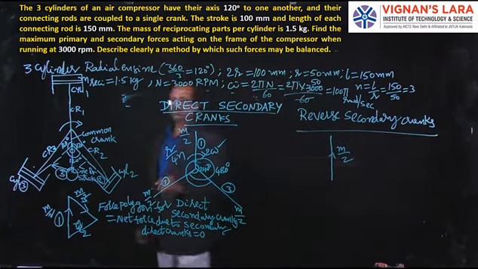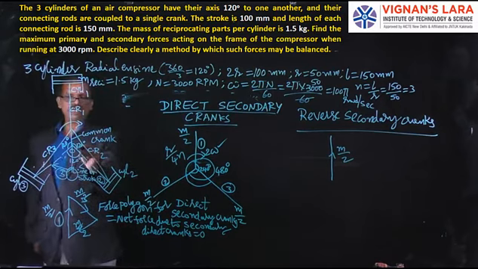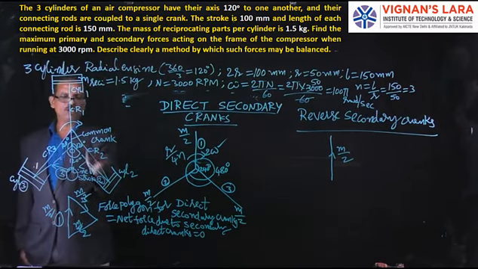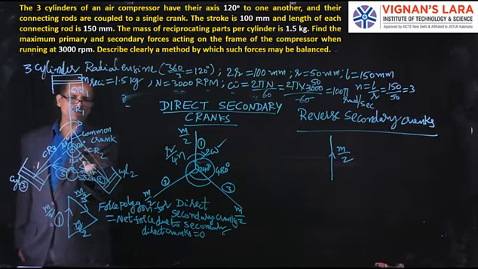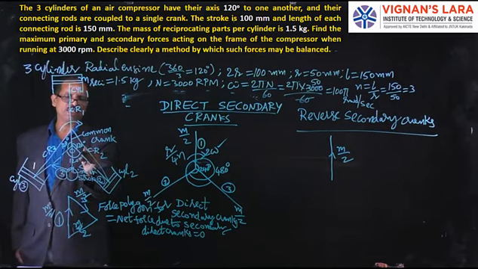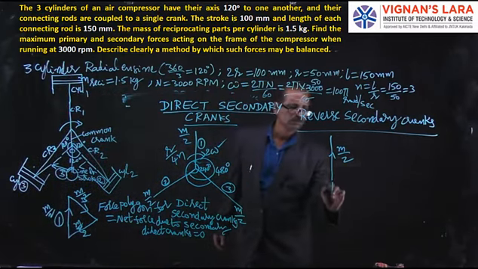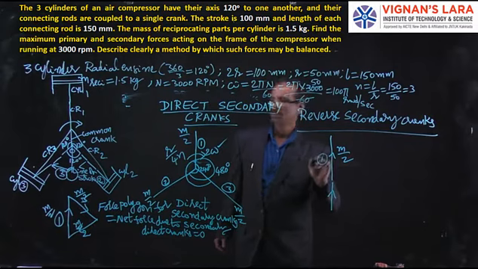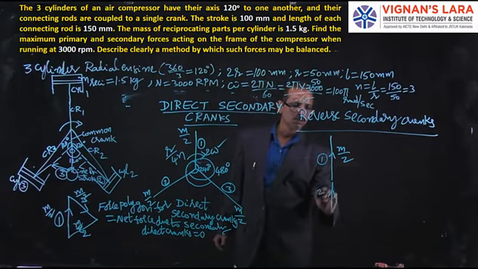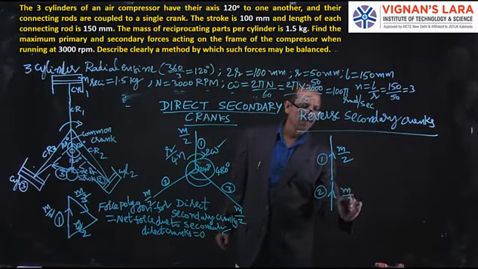Then coming to reverse, so let us see, this is 120, a direct one. Reverse 120 into twice, 240. So from this line of stroke, if you measure it in the opposite direction, 120 plus 120, 240 will be in the upward direction only. That is for the cylinder 2, m by 2.